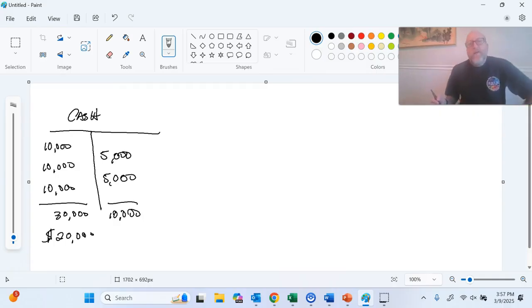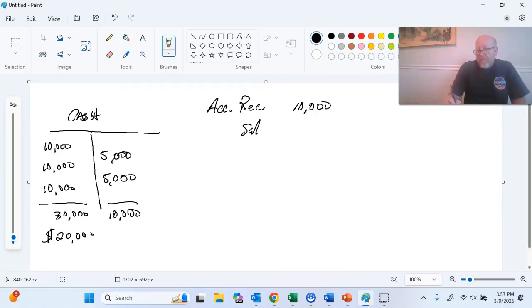Okay. However, it could be the case that your bank is making collections for you, right? So if you're a fairly sophisticated company and you're selling on account, maybe you have sales on accounts receivable, right? And say you have a $10,000 account receivable from some client and you booked revenue or sales.